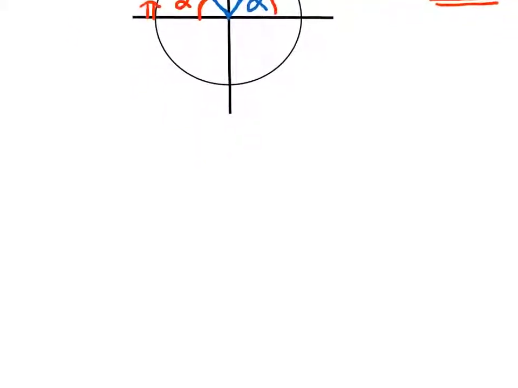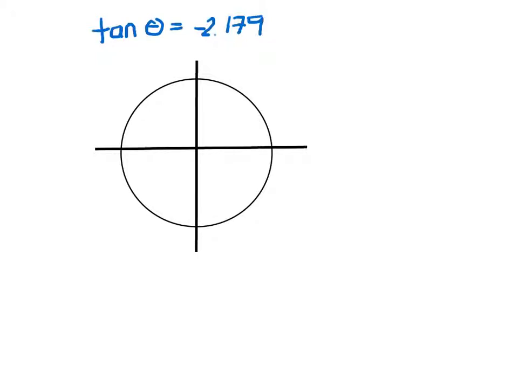Let's take a look at another example like this. We're going to solve the equation tan theta equals minus 2.179. Again, we're going to set up a unit circle, and using the modulus, which again is sort of the absolute value of this ratio, this number over here, we're going to solve for theta using the inverse tangent.